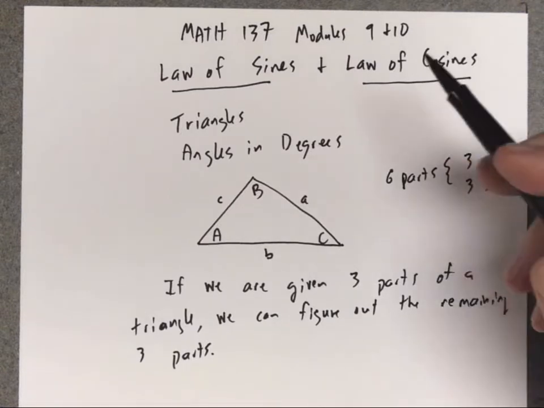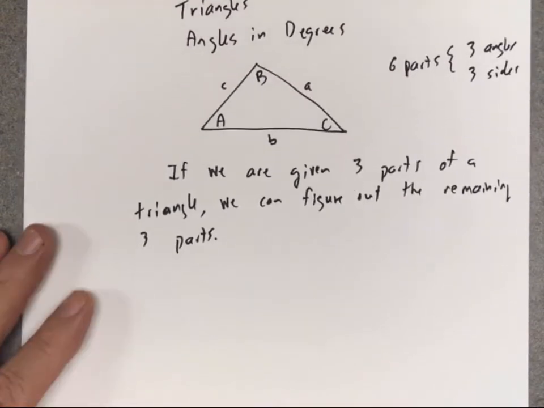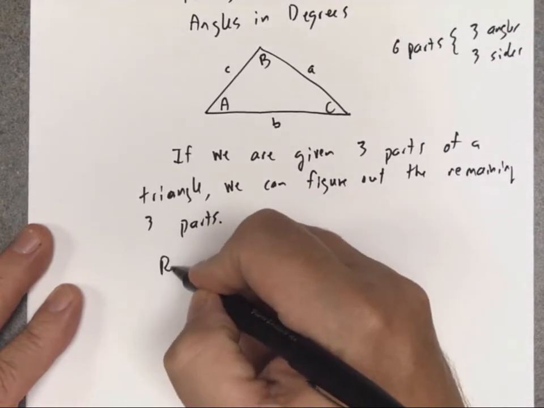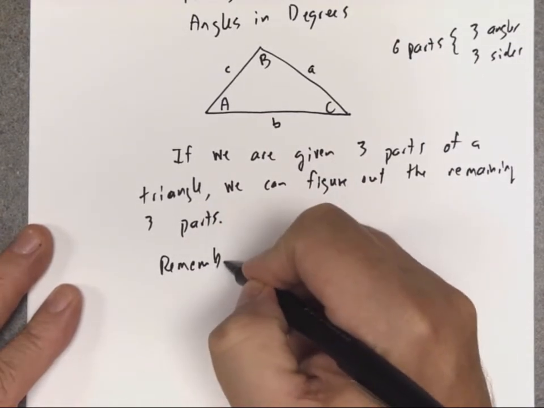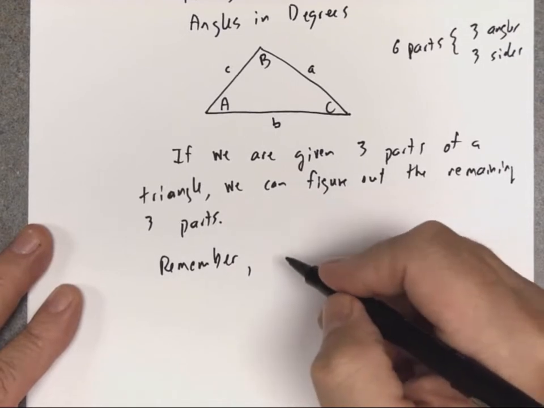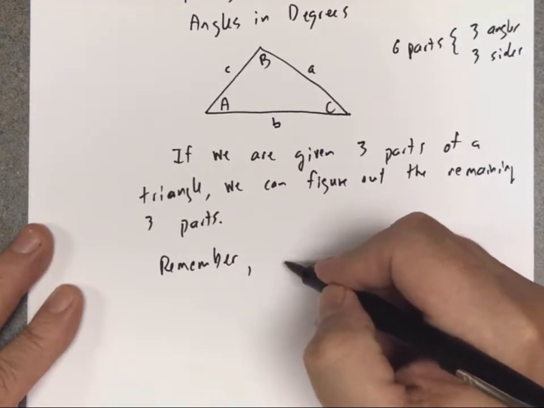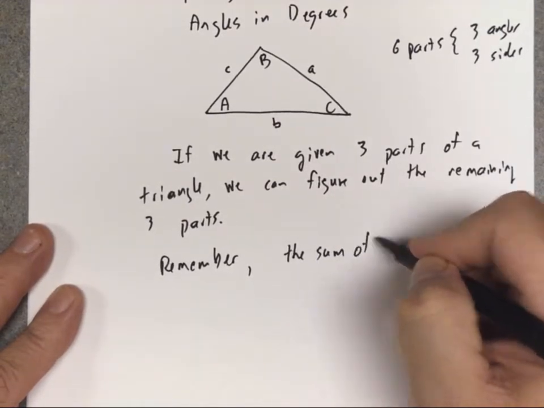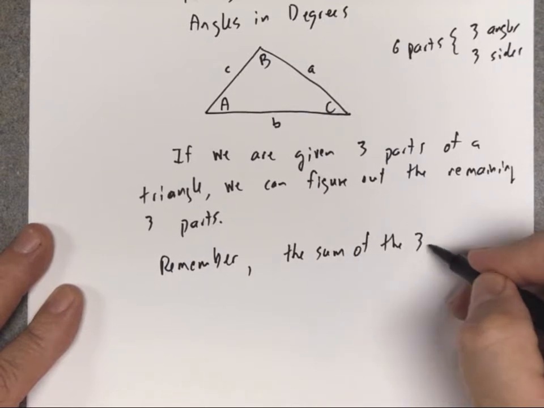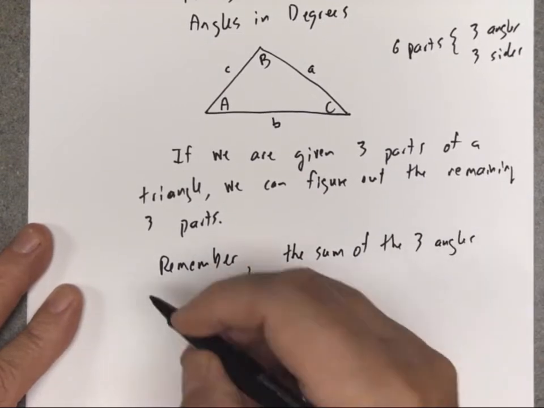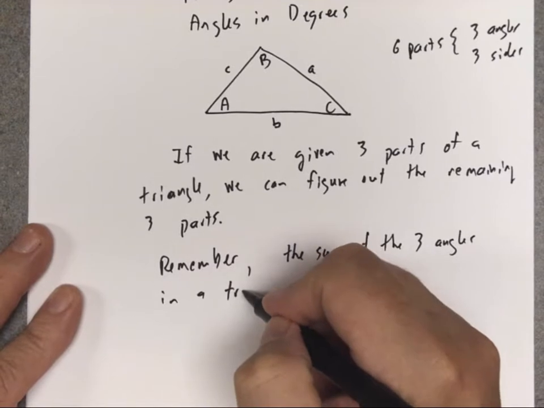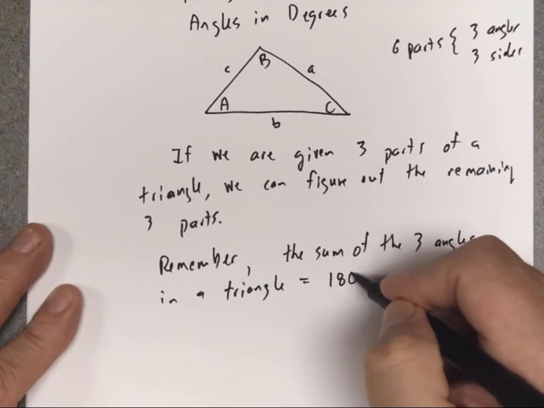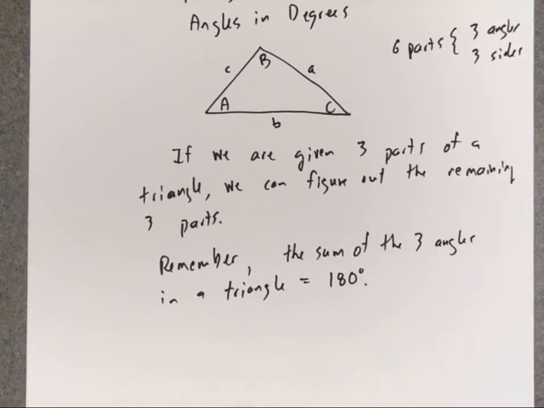Now, before we actually apply these laws, there's one important fact which you oftentimes will use. And hopefully you know this. I'm going to put a remember here. Remember, the sum of the three angles in a triangle equals 180 degrees.